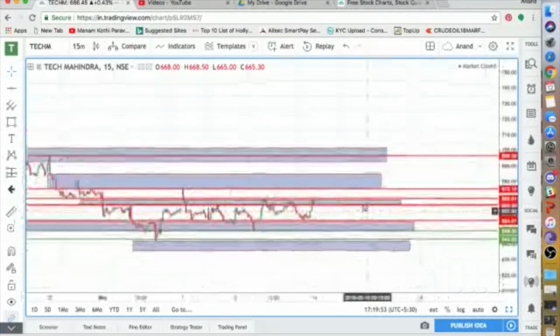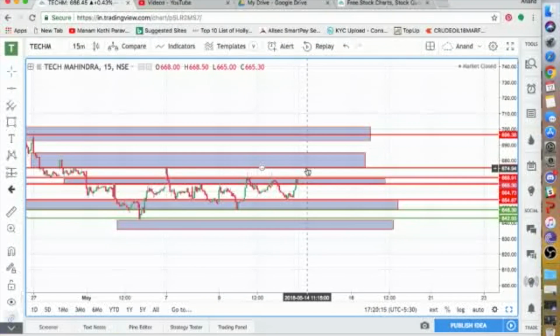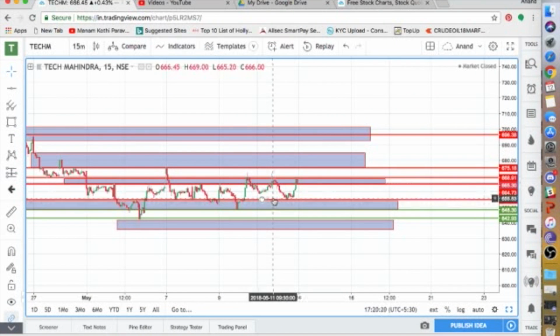So on Monday, if the stock opens anywhere on top and goes and tests 675, there is a good chance it will come back. It can probably take support somewhere over here and start to move up again if it's a bull market. If it's a bear market, there is a good chance the first few candles might hit 674 levels and then start retracing, and we can see that this has been a strong support zone.